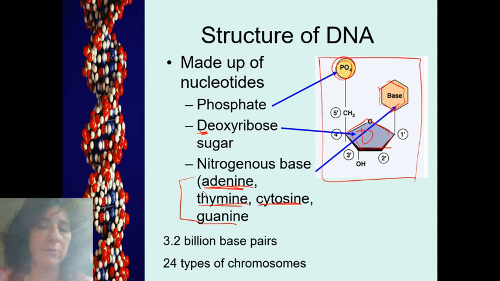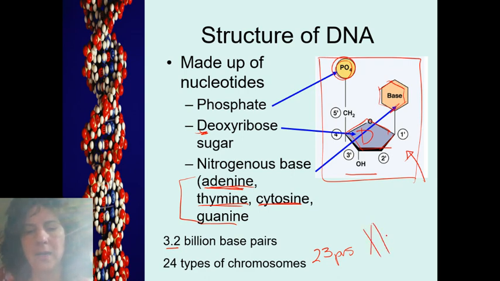For humans, for instance, there are 3.2 billion copies of this in our genome. There are 24 different types of chromosomes. Earlier I told you there were 23 pairs for each individual. Remember that if I got one from mom, I got an exact copy from dad. And that's going to go along for all of your chromosomes. So you have some that are very long, some that are much shorter.